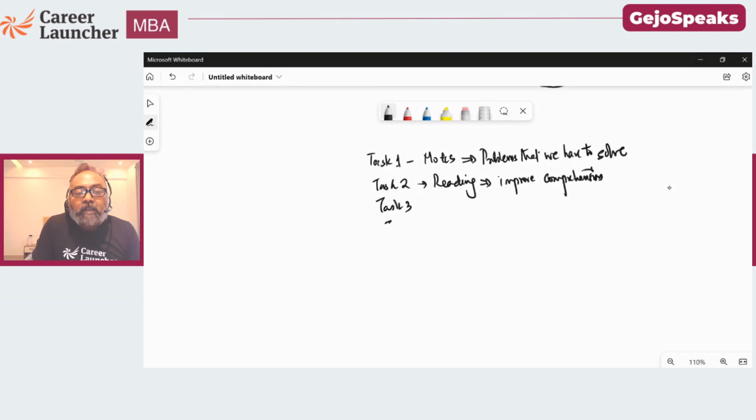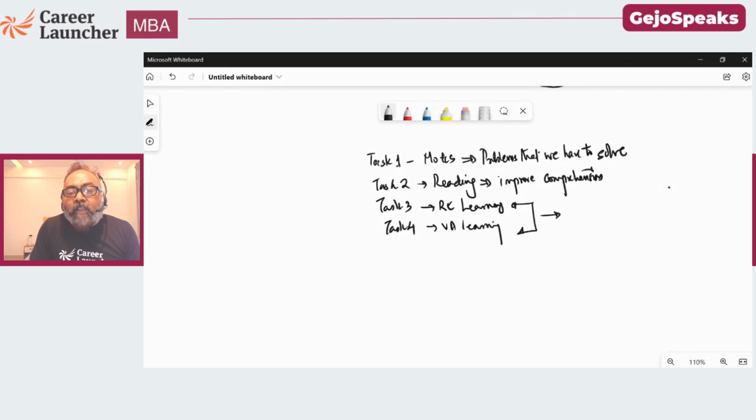Task 3 and task 4: task 3 is about reading comprehension. I will not use the word practice, I'm using learning: RC learning and VA learning. In RC learning and VA learning, apart from the material that you're using, also use previous CAT papers or CAT questions.